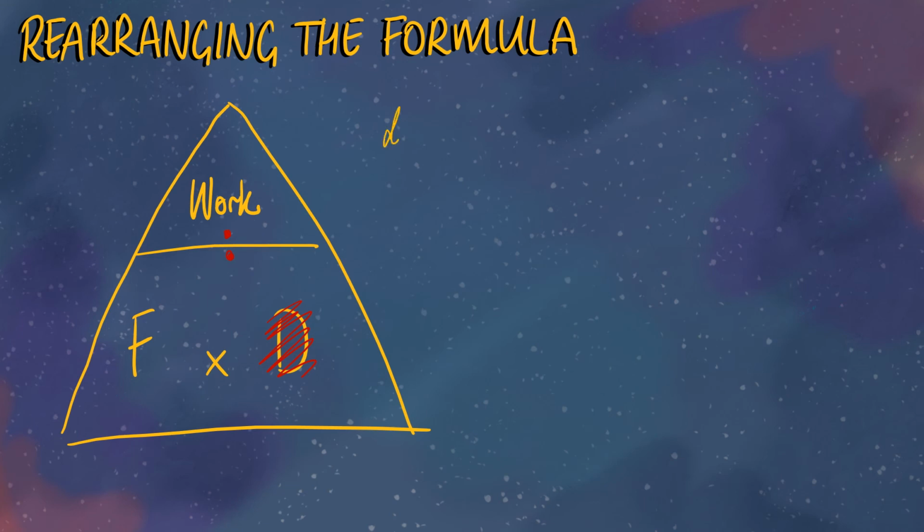Okay, so we are left with distance equals work done divided by force. So we cover up whatever we want to find out, and then we do whatever's left. Work is above force, so that means it's work divided by force.